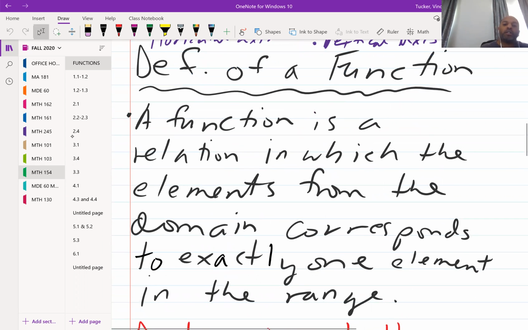All right. So next thing they do is tell us the definition of a function. A function is a relation in which each element from the domain corresponds to exactly one element in the range. Now let me see if they do any exercises that ask you if you have a function or not.